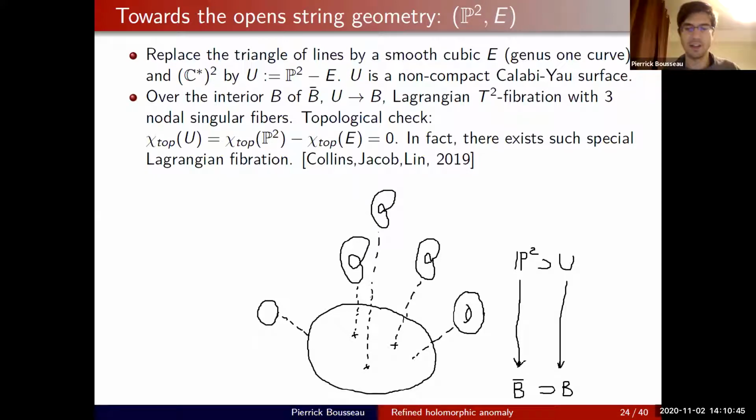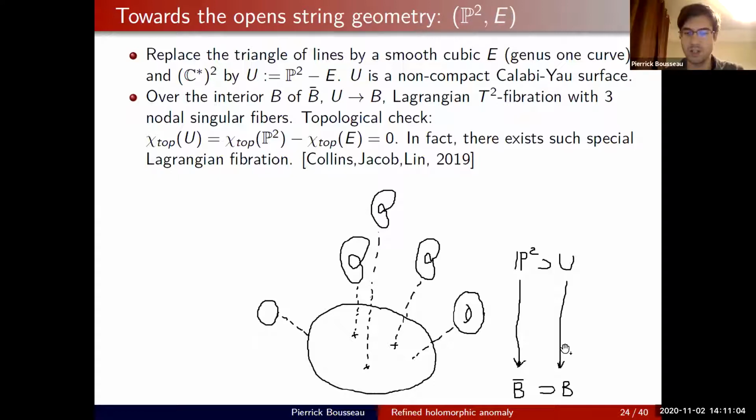Yeah, that's fine. B in this picture is a kind of disk, some base of some fibration. It's a base of the T2 fibration.